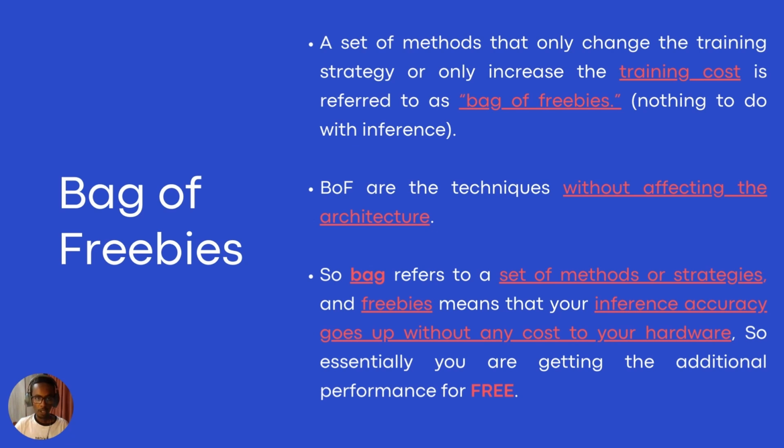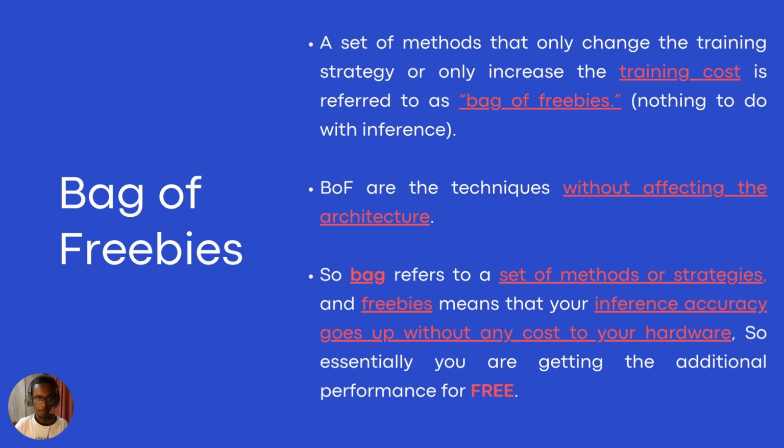what the modifications are. A set of methods that only change the training strategy or only increase the training cost are referred to as Bag of Freebies. Bag of Freebies essentially are applied during the training procedure, and when we implement these techniques, there will be a cost associated with the training procedure.